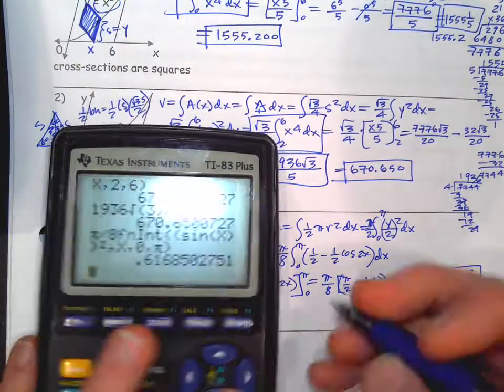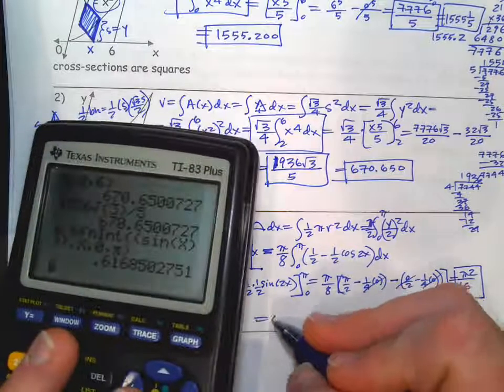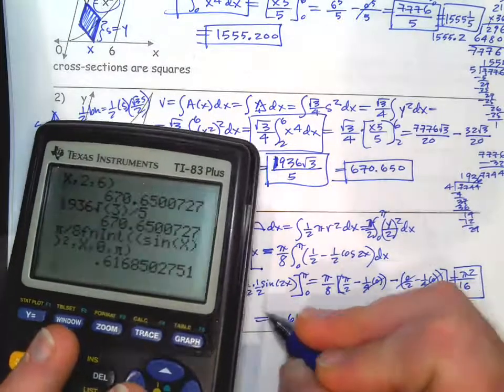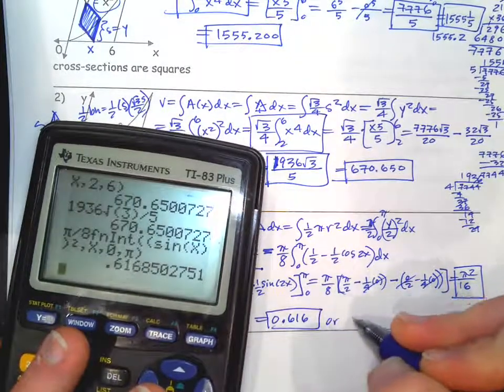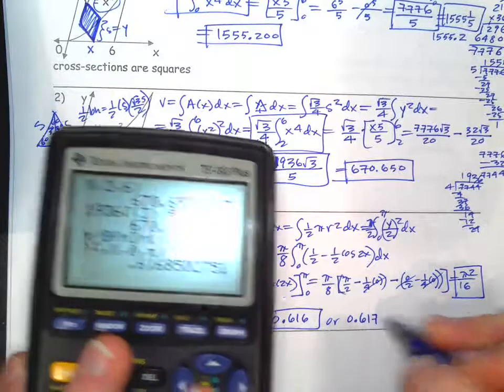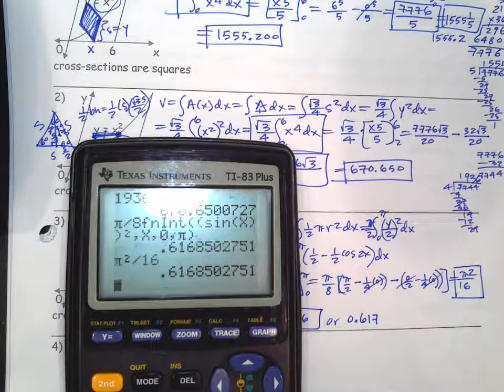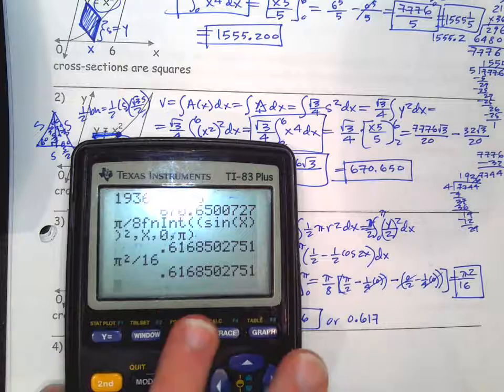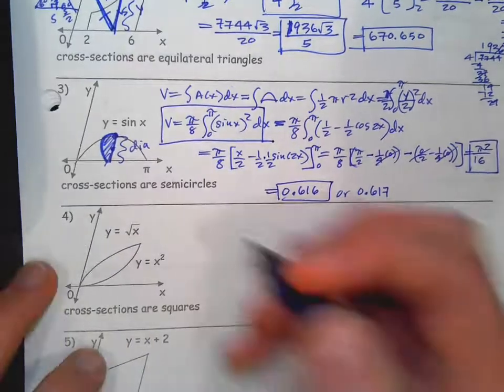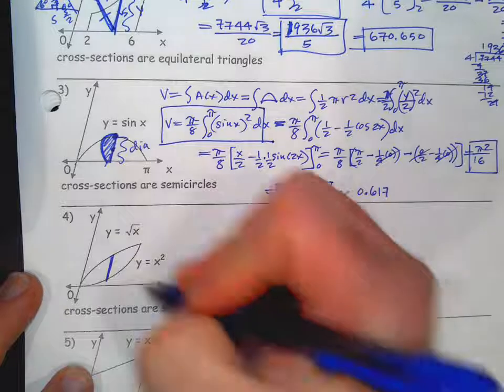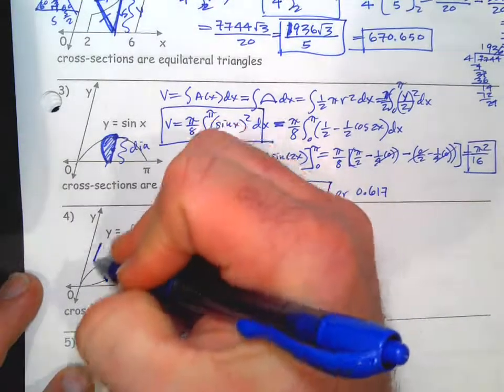And the answer we get from the calculator is 0.616 or 0.617. And let's check. Pi squared divided by 16 is the same thing. So that's good. Okay.